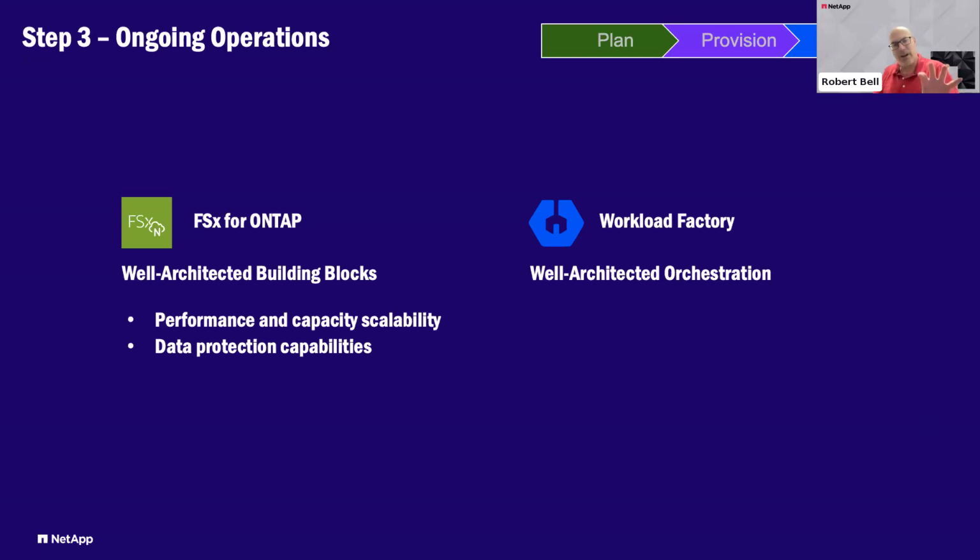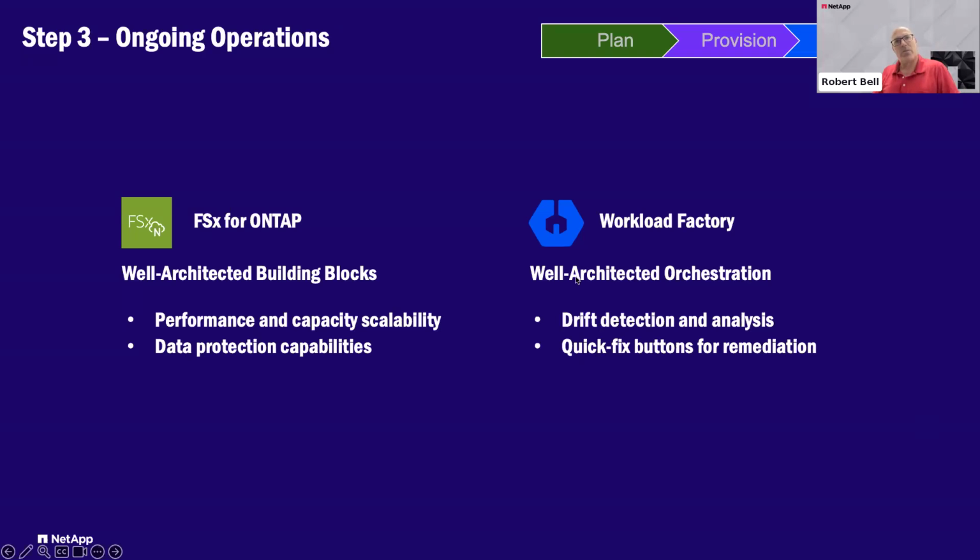So Workload Factory will find those systems and say, you need to add this additional security to this specific volume, and with a simple click, you can do that. So Workload Factory is giving you drift detection and analysis, finding where your current implementation differs from what you planned or what the best practices recommend, and quick fix buttons for remediation.